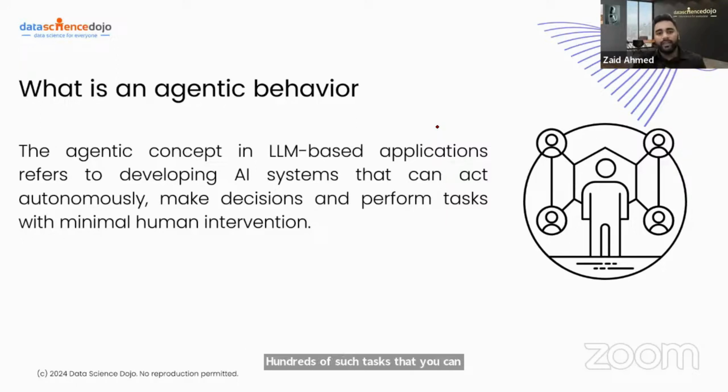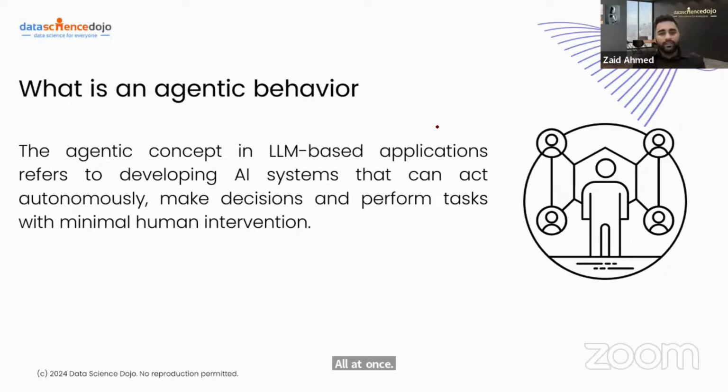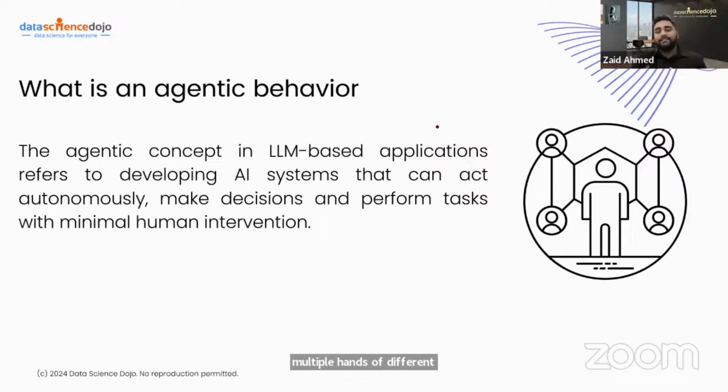And that's the beauty of AI, that you can avail all of these with just one click and one fire of the supervisor, and it's going to do the reasoning and the decision making for you all at once. So in this theoretical part, we'll be discussing some use cases of multi-agent workflows, how we can have a router agent, and how we can have a supervisor agent that can have multiple hands of different agents and iterate as the need occurs.